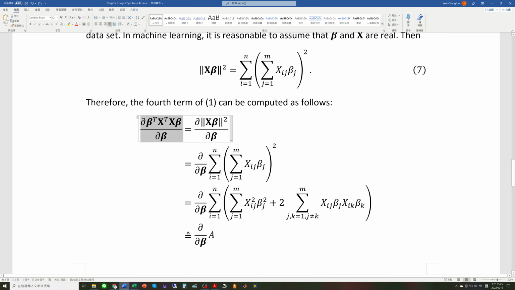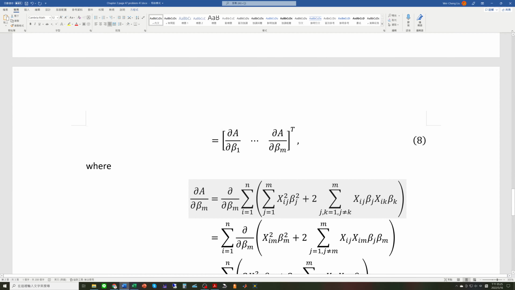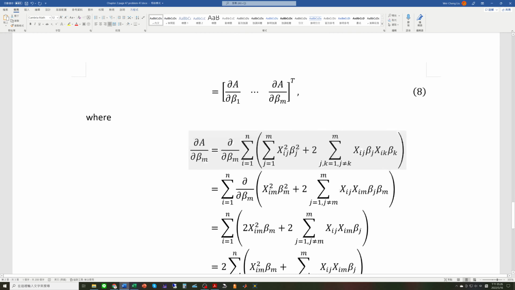Let us copy this, which is equal to partial a over partial beta 1 to partial a over partial beta m transpose.